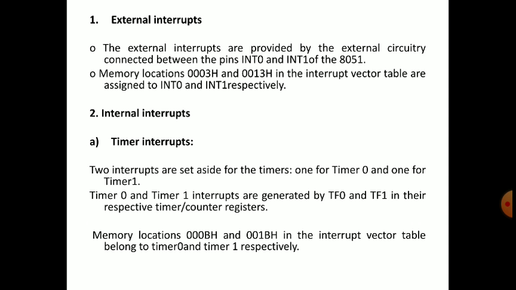We have already seen these TF0 and TF1 bits. Those interrupts are generated by TF0 and TF1 in their respective registers. Memory locations 000BH and 001BH in the interrupt table belong to timer 0 and timer 1 respectively.